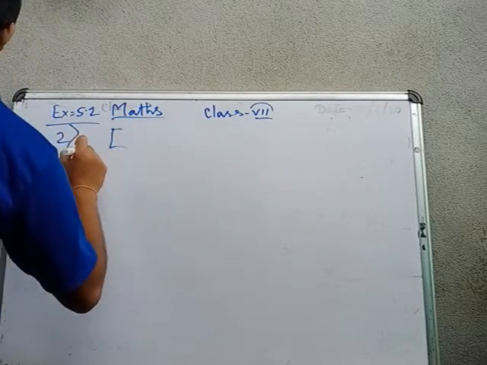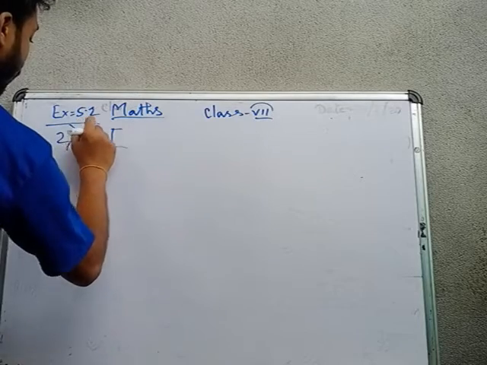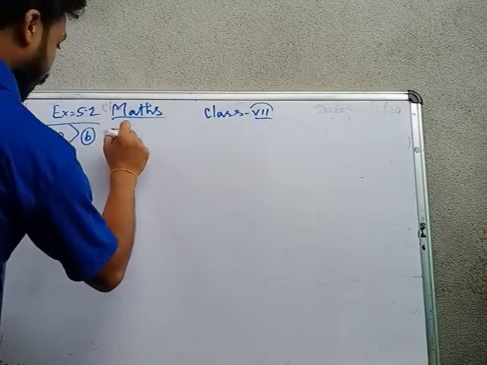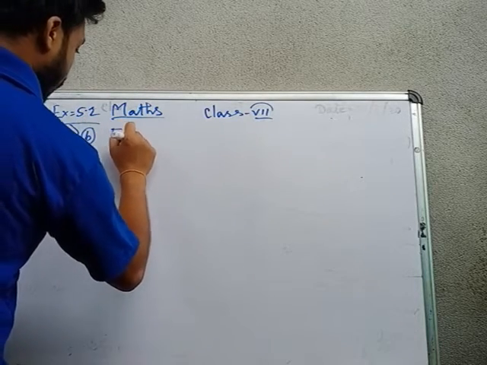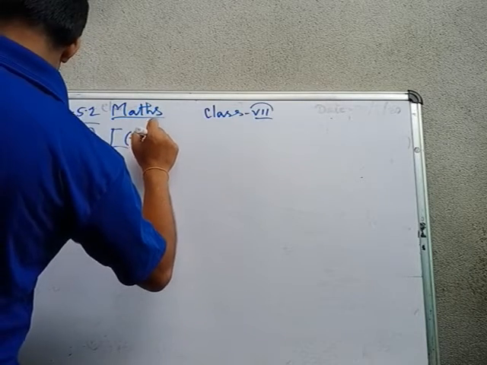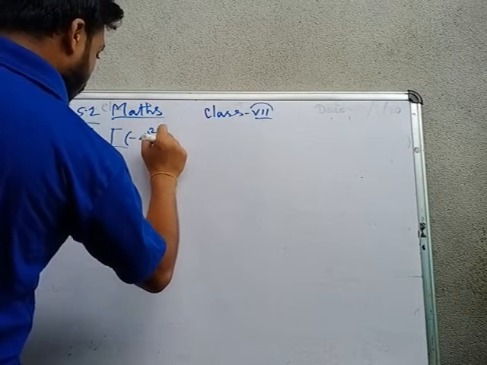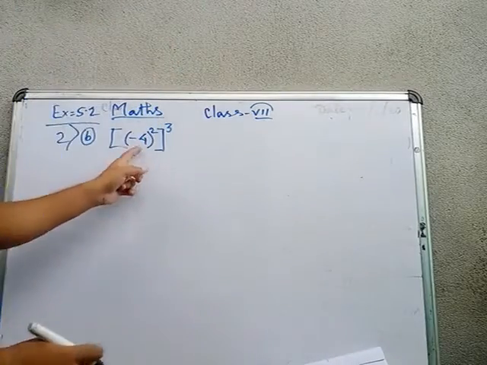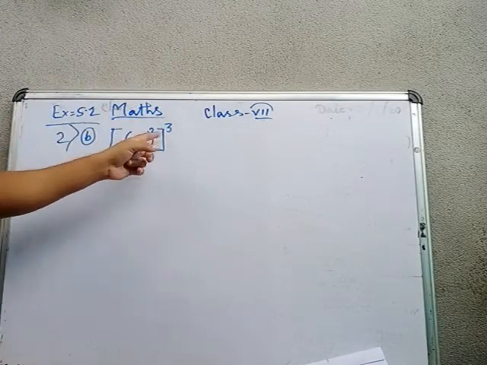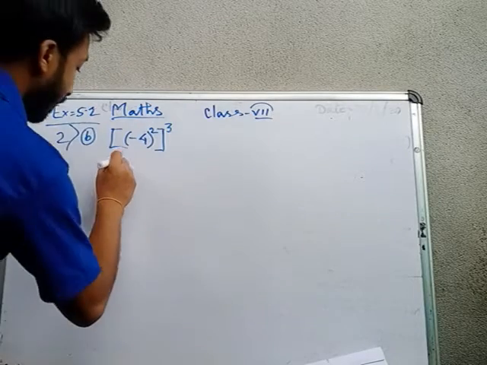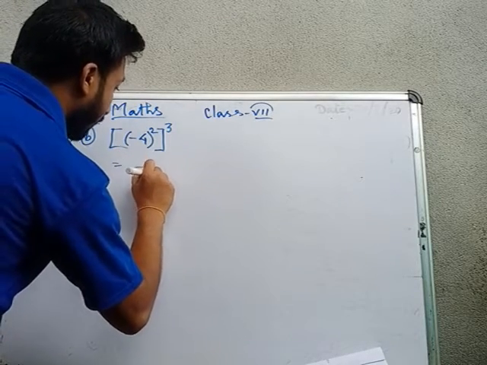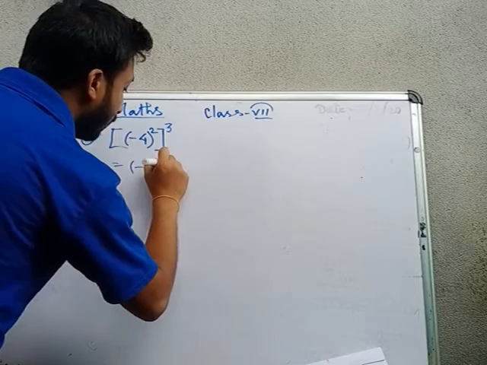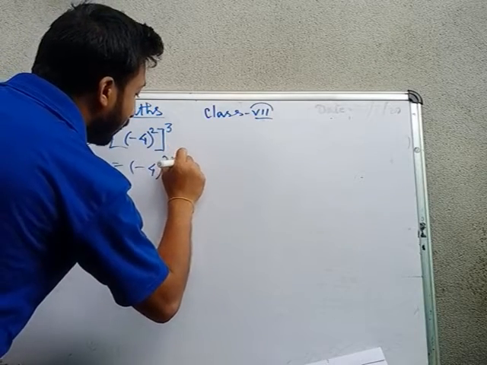Suppose I will solve number B. Here is minus 4 square and to the power also 3. That means we should write here minus 4 to the power 2 multiplied with 3.